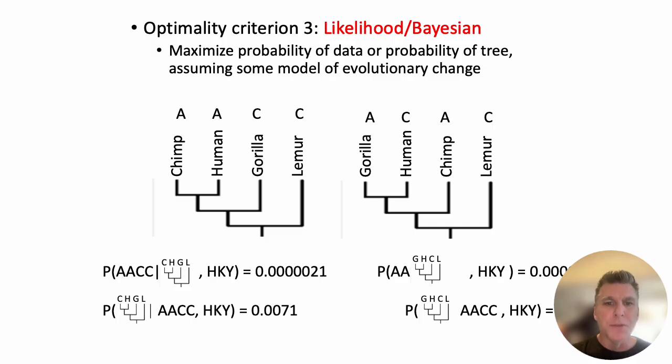The important things are that it's explicitly statistical, unlike parsimony and distance, which you can present in statistical ways, but they're not operating from the get-go with that. And second, that it's easy to incorporate really specific models of the evolutionary process.